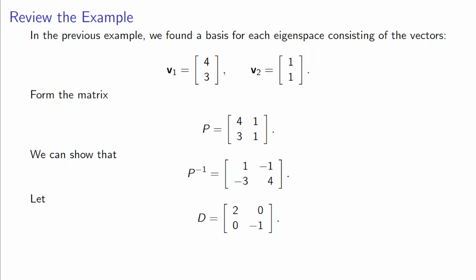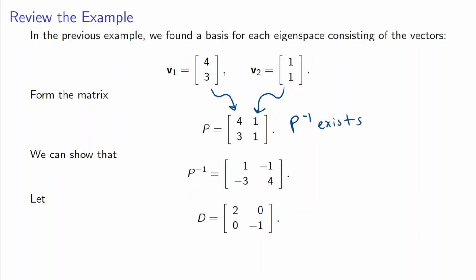Okay, so in the example, we found a basis for each eigenspace consisting of these vectors. What we're going to do is form the matrix P, which has v1 as its first column and v2 as its second column. We could find the inverse of this matrix. Now we know this matrix is invertible, so P inverse is guaranteed to exist.